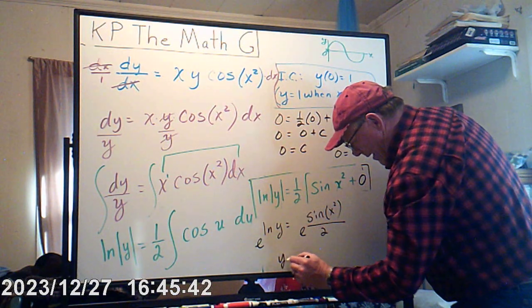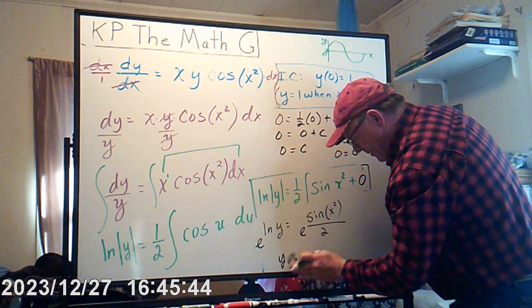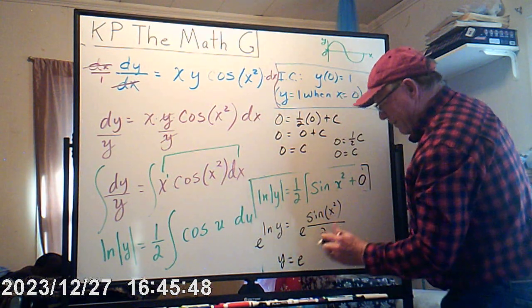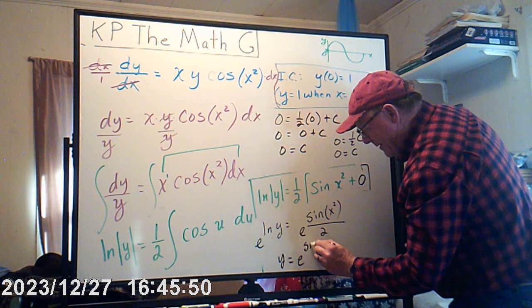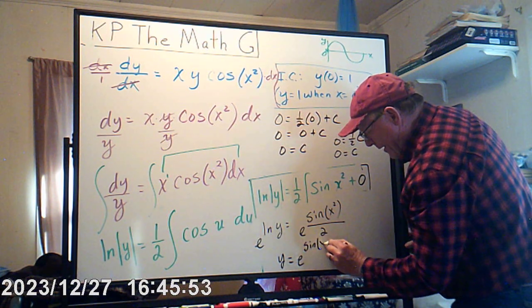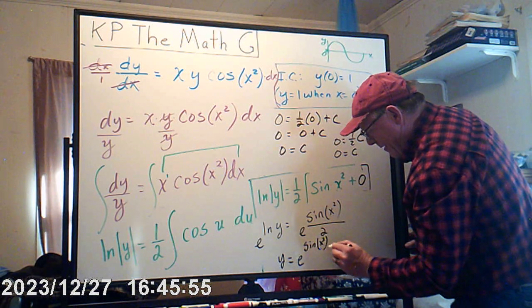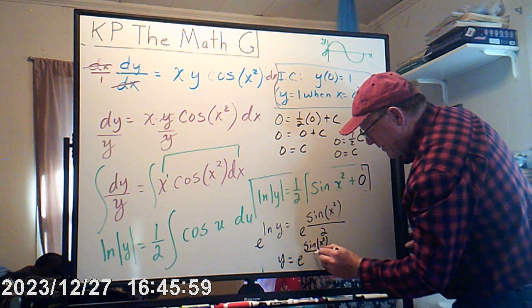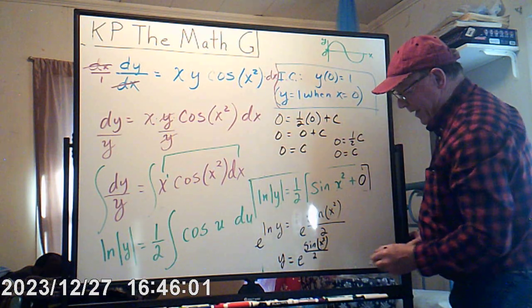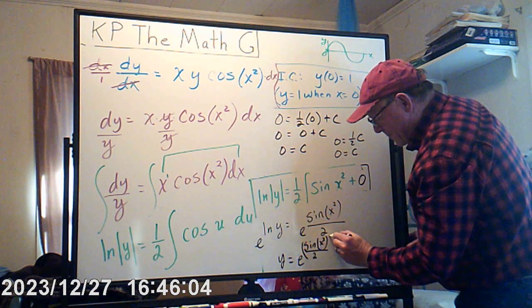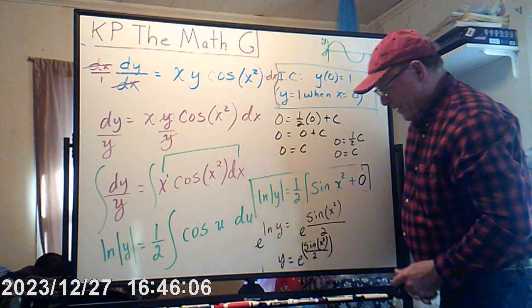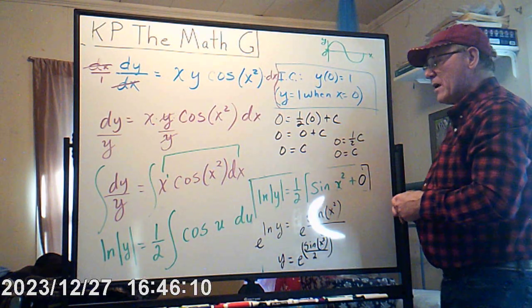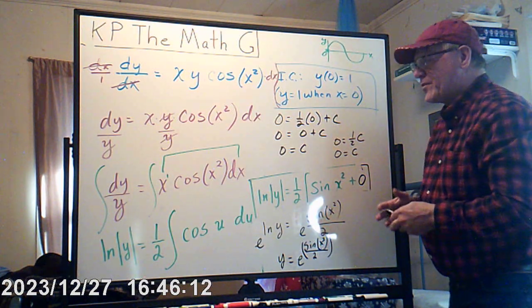So now y is equal to e raised to the sine x squared all over 2, and that's all raised up as an exponent. All right, there it is.